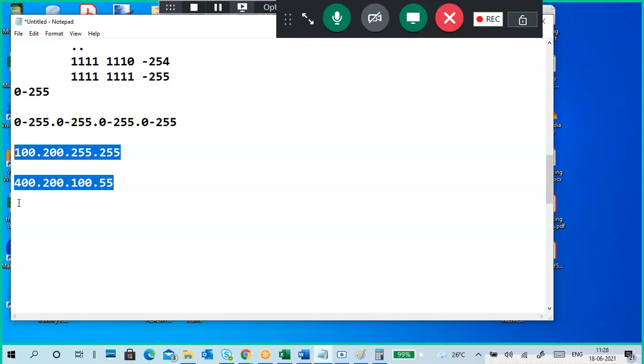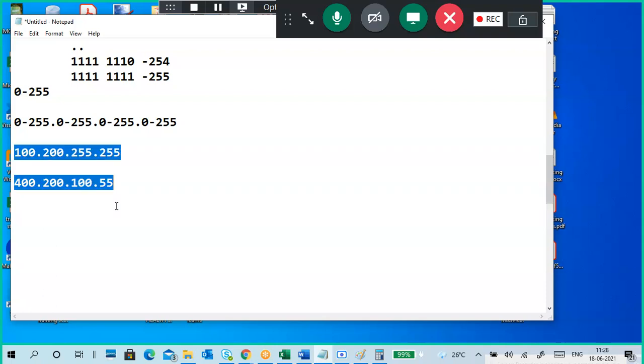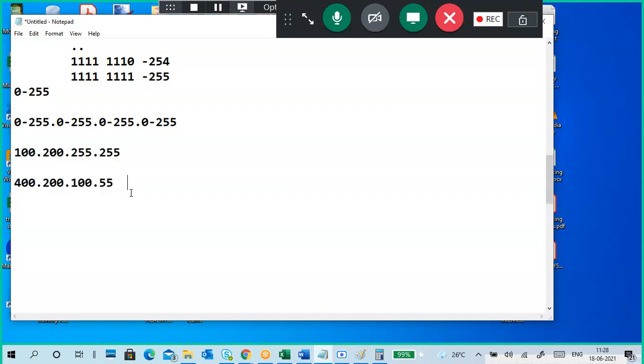Yes, the octet size is 255 max, but here it is 400 in one octet. Automatically, it is not a valid IP. Very good, guys. Anyone need a point explained? It is a wrong IP address.